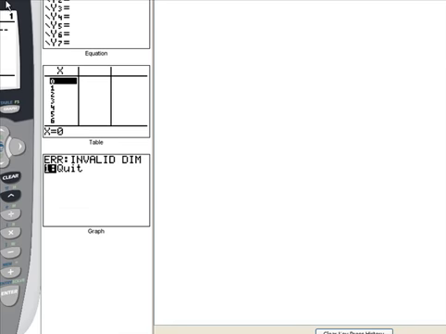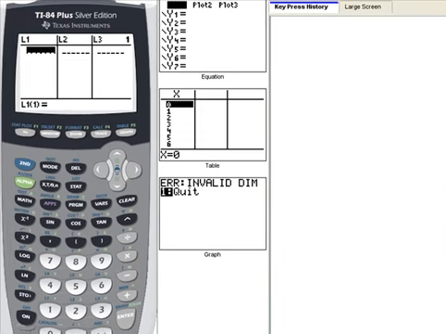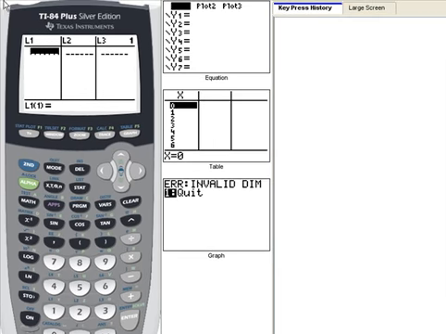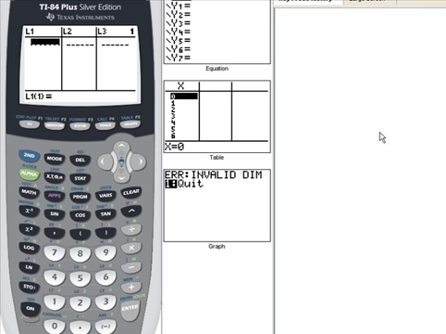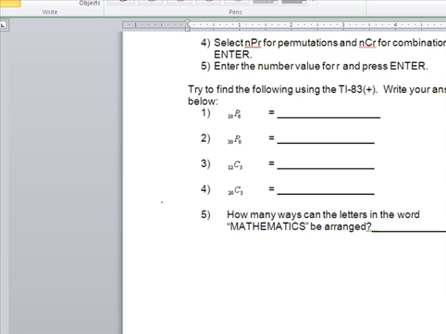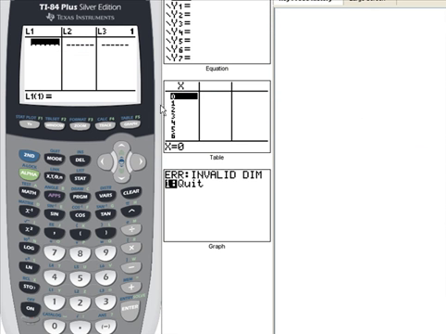Alright, so we're starting with number 1. We want to do permutations of 18 taken 6 at a time. Okay, so I want to quit, second, quit. Okay, so 18, math, we want probabilities. I usually go the left way, so I'm straight there.